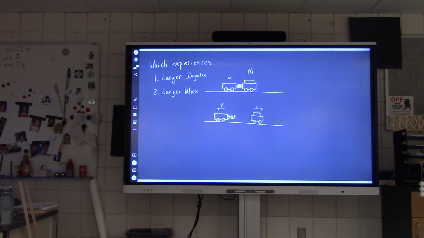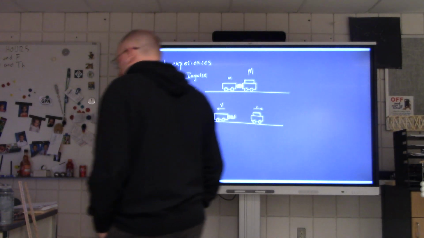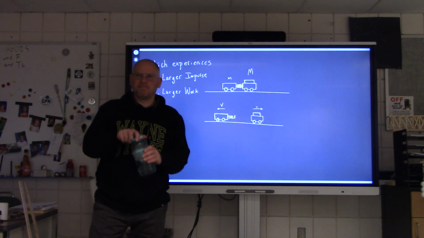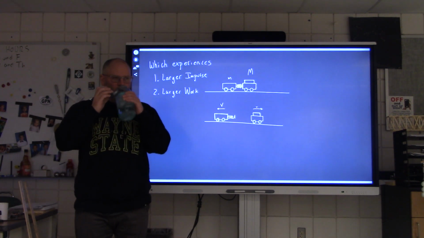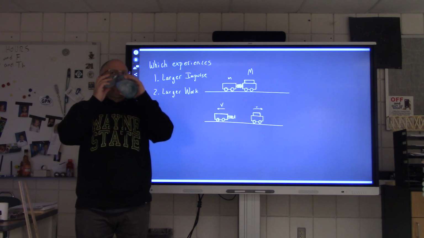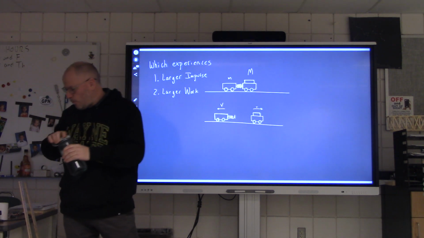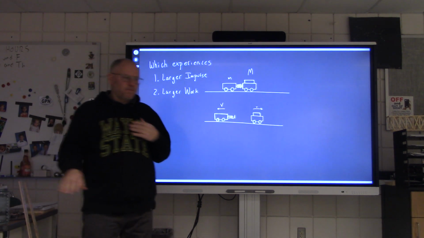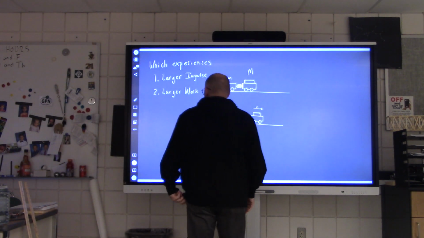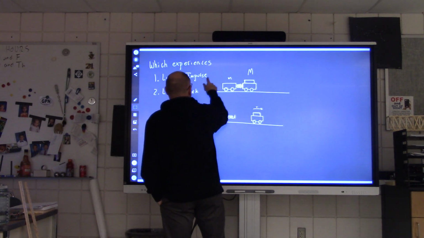What about the work? I guess it's the same. Which experiences a larger impulse? Which has more work done? They're both the same. The forces apply at the same time and distance.